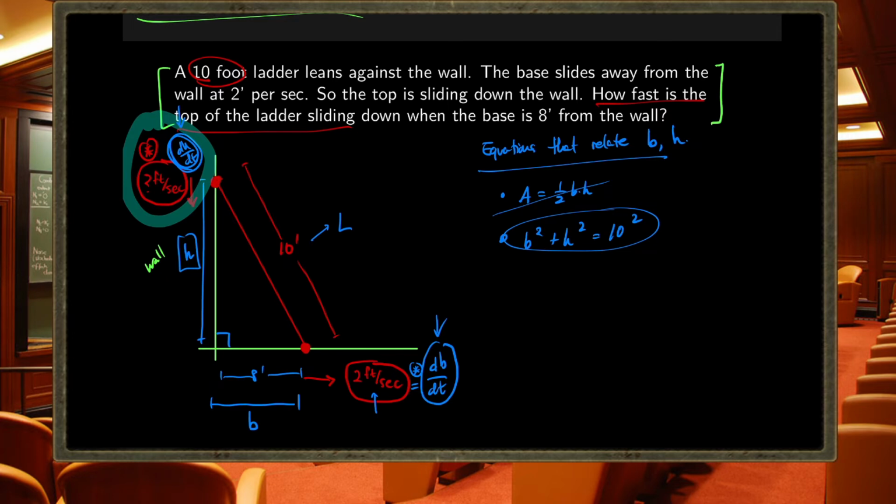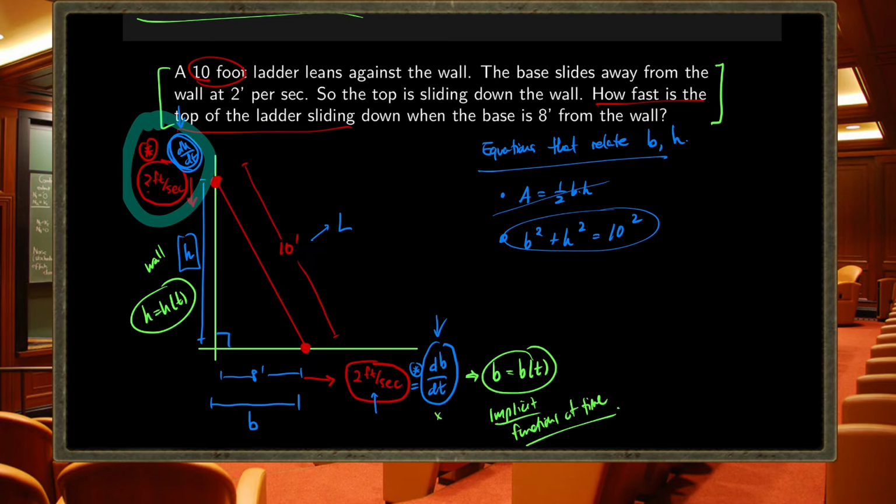Let's also note what we've done here is we've implied that b is a function of time and that h is a function of time. Implicit functions of time, since we're talking about their rates with respect to time. That's what this means.